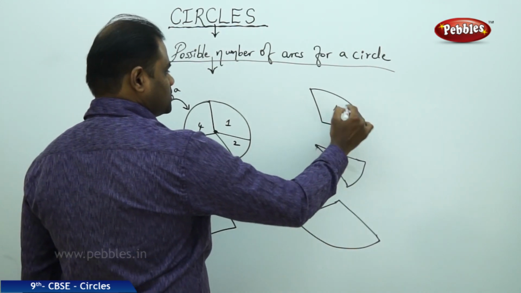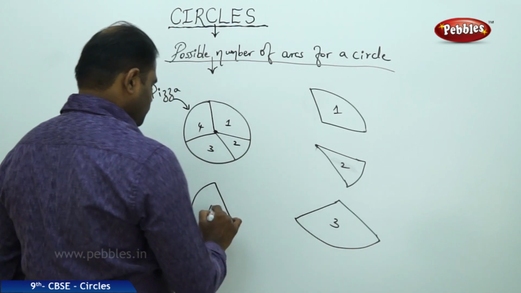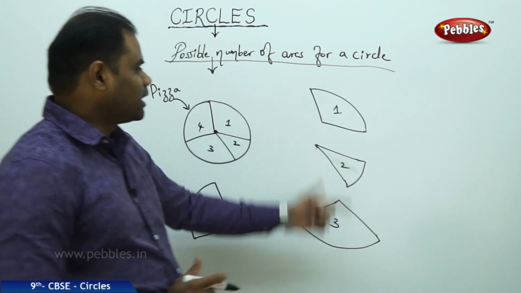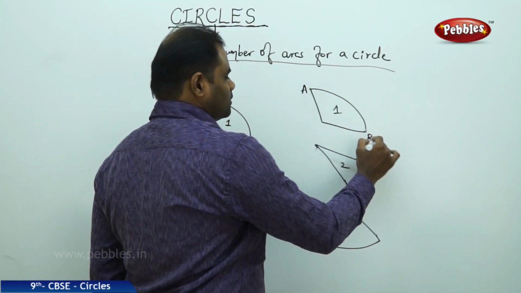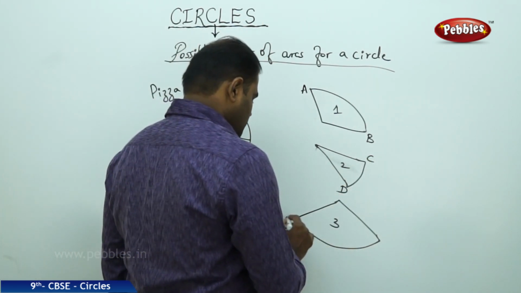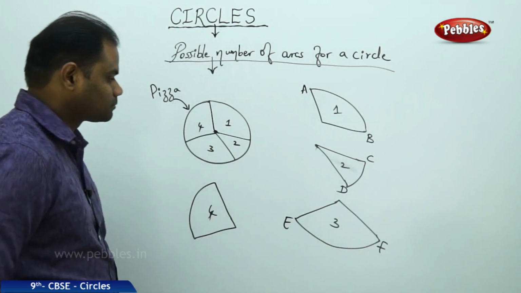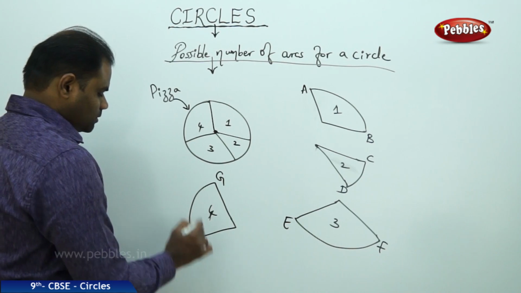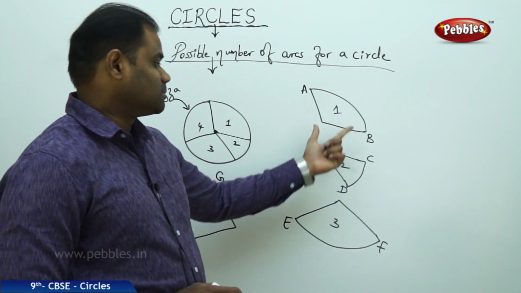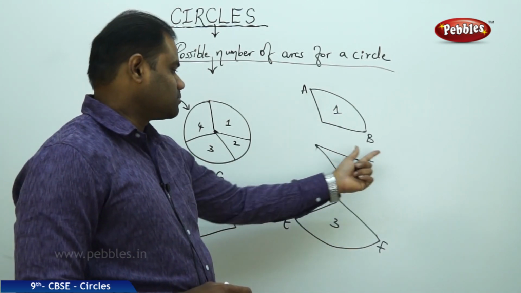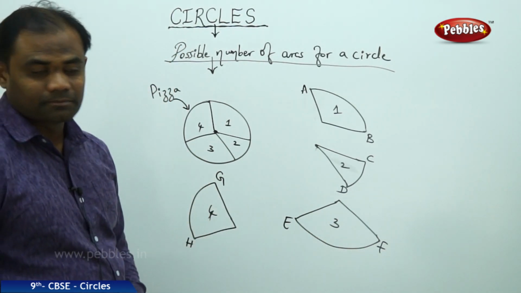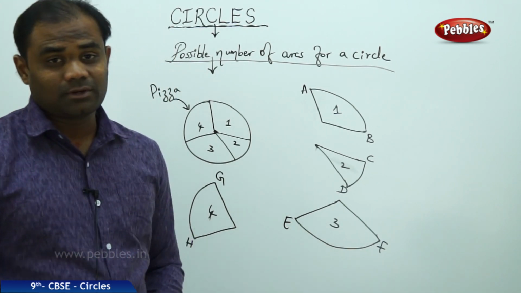So totally I have 4 pieces. Let's investigate each piece. For the first piece which I cut, let me take the endpoints AB, for the second CD, for the third EF, and for the fourth GH. Each of the endpoints is taken for the pizza's pieces: the first piece with endpoints AB, the second with endpoints CD, the third with endpoints EF, and the fourth with endpoints GH. So I have totally 4 pieces of the pizza.